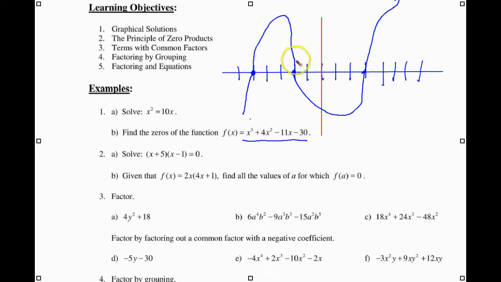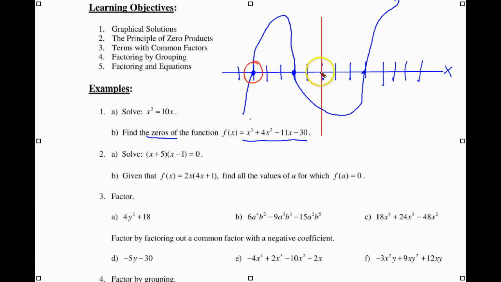Now it looks a little bit like this, and when they're asking you to find the zeros, they're actually asking you to see where the graph crosses the x-axis. Well, it crosses the x-axis there.